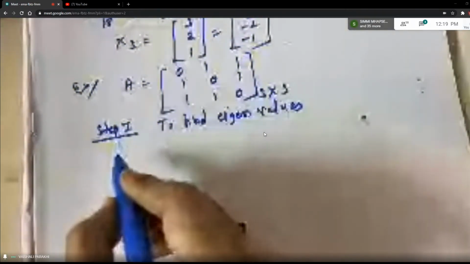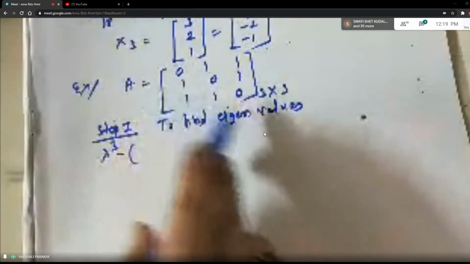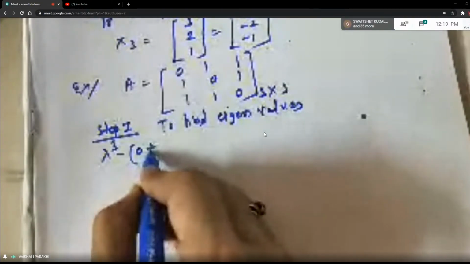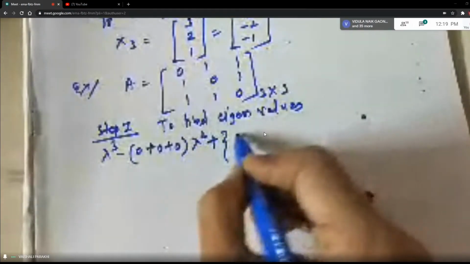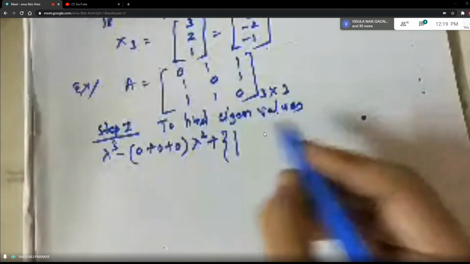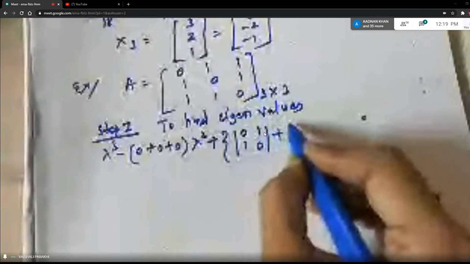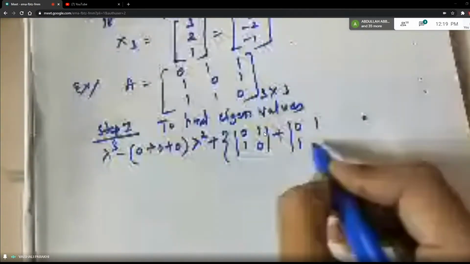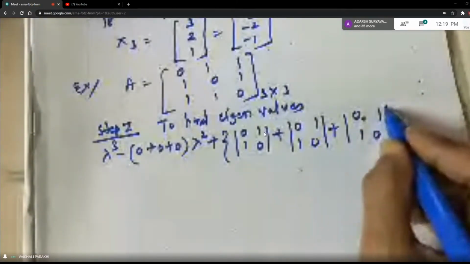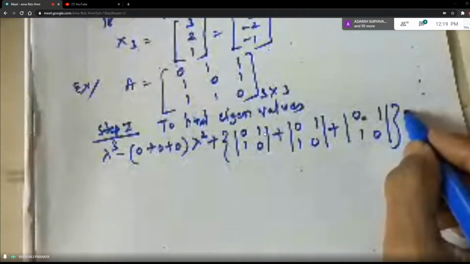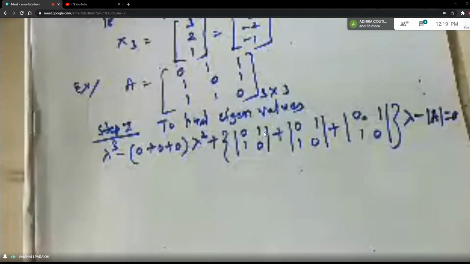It is lambda cube minus sum of the diagonal elements, means 0 plus 0 plus 0, lambda square plus the sum of 3 determinants, first 4 numbers plus last 4 numbers plus the corner elements. And this is the coefficient of lambda, and the last term is negative determinant of A equal to 0.